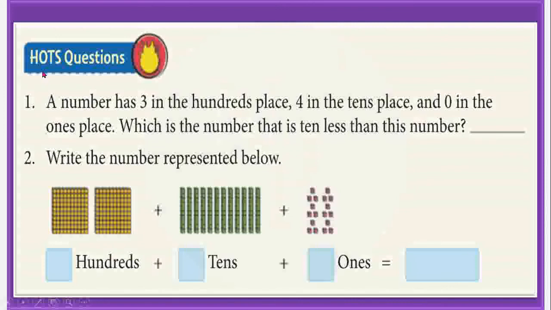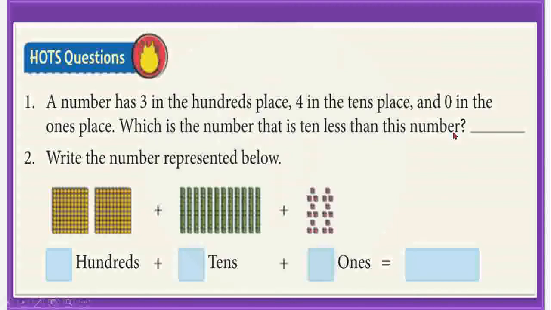So here we have higher order thinking type questions. We have 2 questions here, question number 1 and 2. Question number 1 is, a number has 3 in the hundreds place, 4 in the tens place and 0 in the ones place. Which is the number that is 10 less than this number?